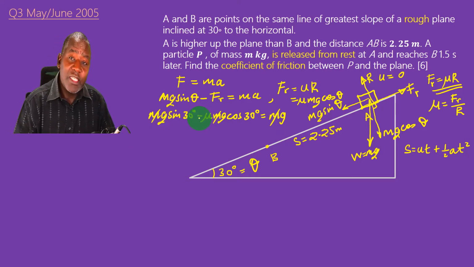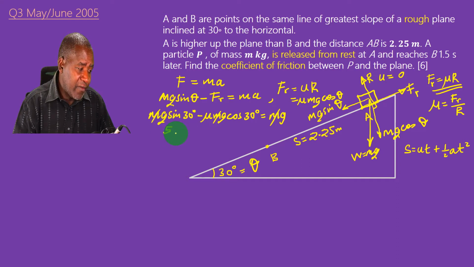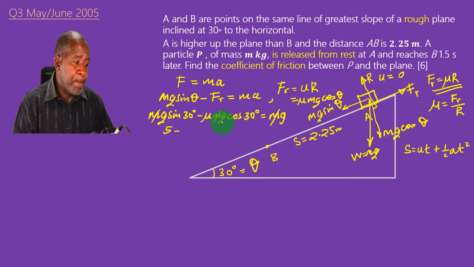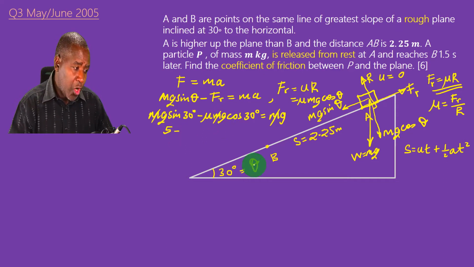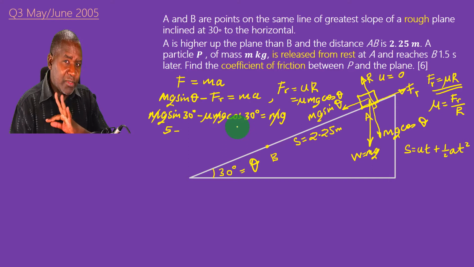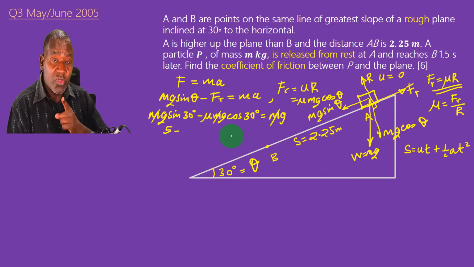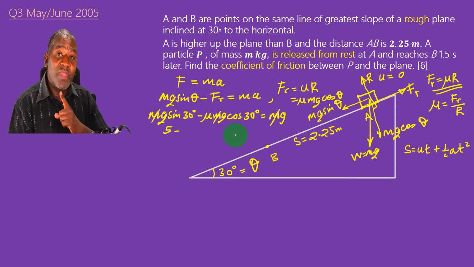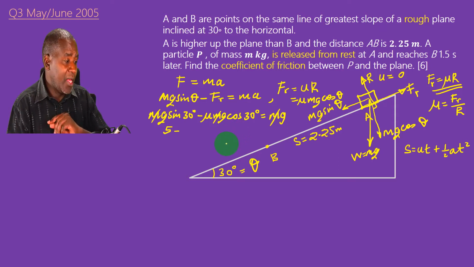What is sine 30? 0.5. What is G? 10. 0.5 of 10 is 5. I'm making this expression as simple as possible. Again, what is cos 30? After using the angle 30 so many times during practice, it might occur to you that you know cos of 30, but always confirm with the calculator during the exam.